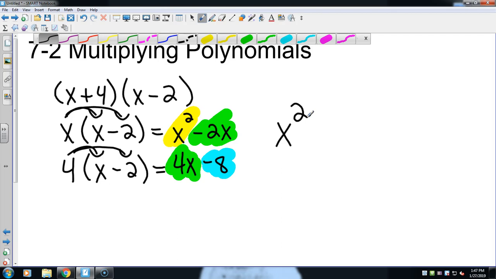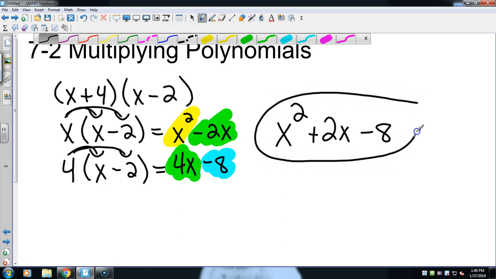So negative 2x plus 4x, that's going to be positive 2x. And then the negative 8 has nothing to go with. And so we end up with a product of x squared plus 2x minus 8. And that is the distributive property method.